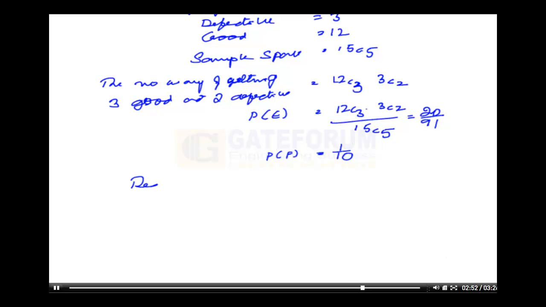Hence, the required probability: in the first 5 draws, we should have got 3 good and 2 defective, and hence in the 6th draw, the last defective should come. 20 by 91 into 1 by 10. Simplifying, I'll get 2 by 91.